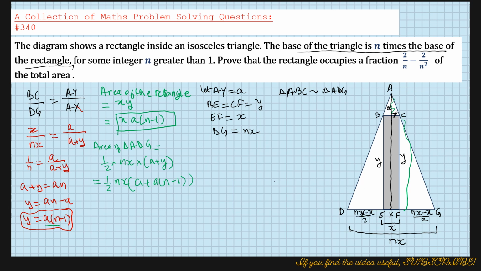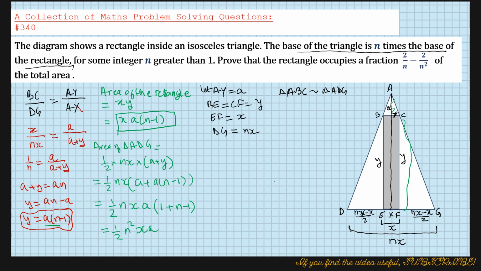And you see this can be written as half nx times a, taking a outside the bracket, times (1 plus n minus 1), and the 1 and minus 1 cancel, so we get half n square xa. So that's the area of the triangle.